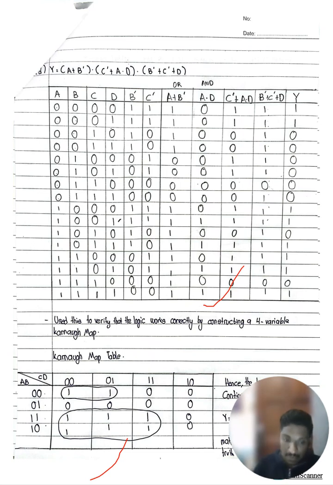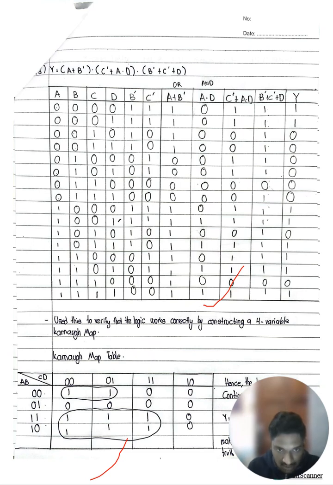How do we make the truth table? There are rules for the truth table, which means AND and OR: particular rules for the AND table and particular rules for the OR table. By using that, you can get the truth table. The above one is the truth table and the below one is the Karnaugh map.